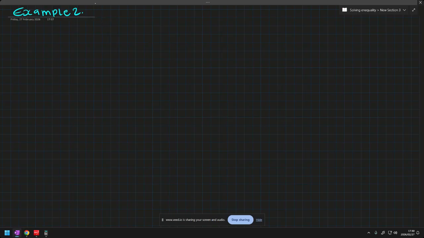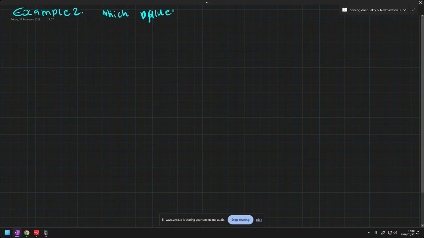Okay, we have the following question. Which values of x satisfy the inequality given below?